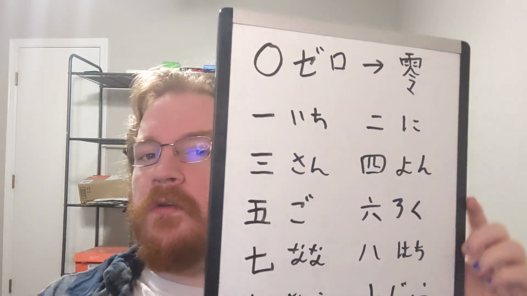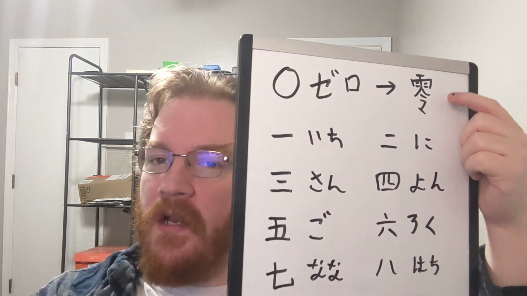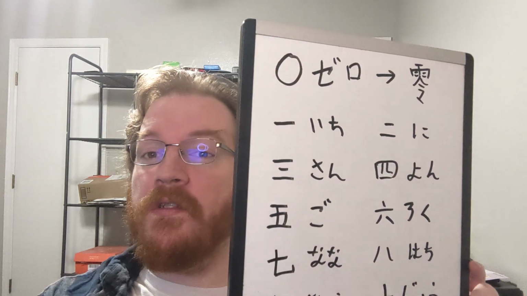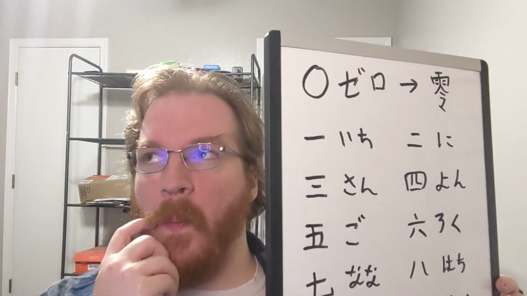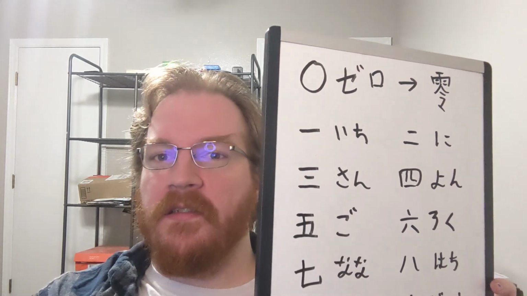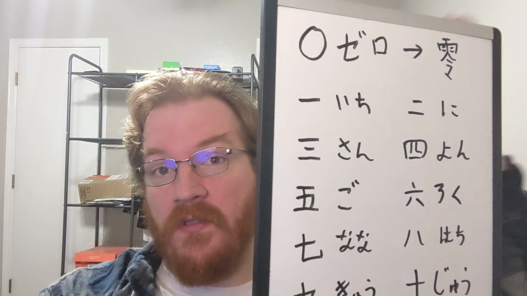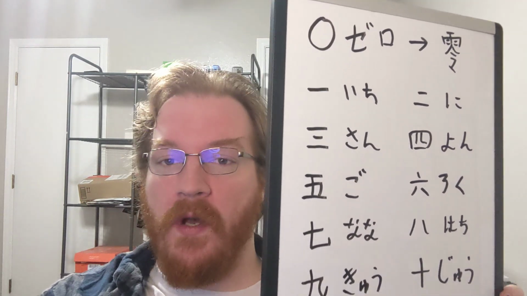So for 0, you'll just say zero rather than the Chinese-based rei. Rei does occasionally occur in certain vocabulary words, and it's sometimes also used in formal writings. When expressing dates, for example, it might be used there, or for other purposes, maybe poetic purposes as well.